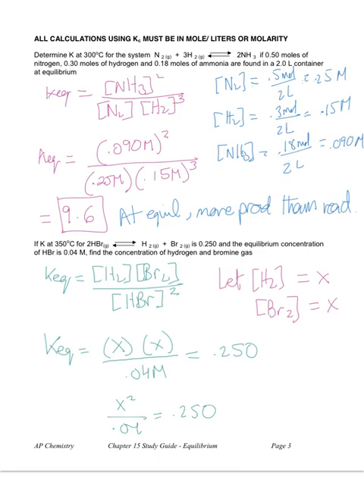If I multiply those two numbers, I'll get what x squared is equal to, and then I can take the square root. So if you solve for x, you get that x is equal to 0.02 molar, which is my concentration of H2 and my concentration of Br2. So that's my answer.